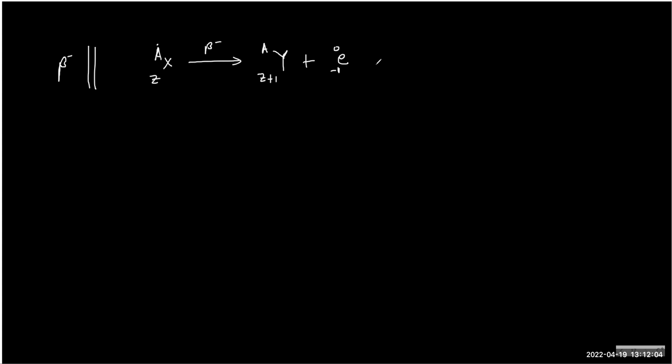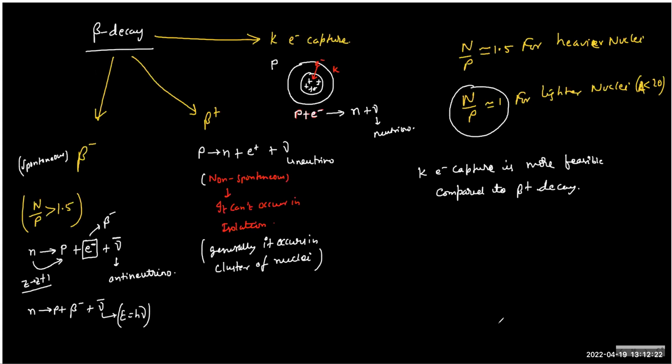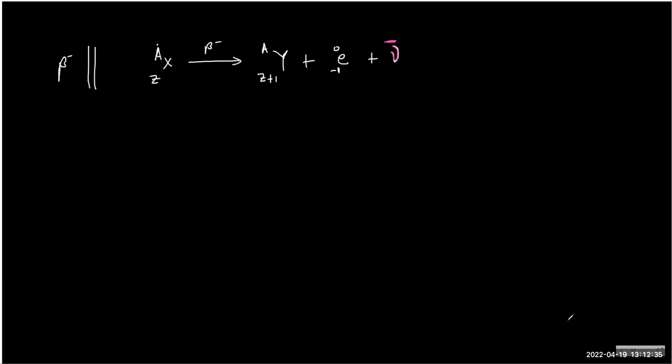So this is how we represent the beta particle, along with an anti-neutrino. Okay. So in terms of atom, this is how we represent it. In terms of nuclear reaction, this is how we represent it. So there are two ways of representing: one is the exact reaction, another is what happens if we take some atom and represent the reaction. So you have to be careful about how you are representing it.